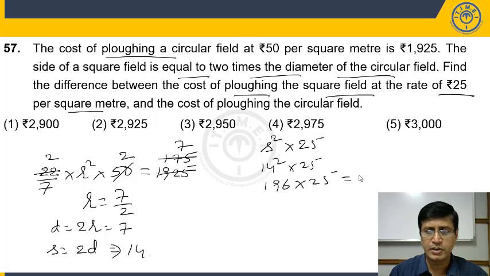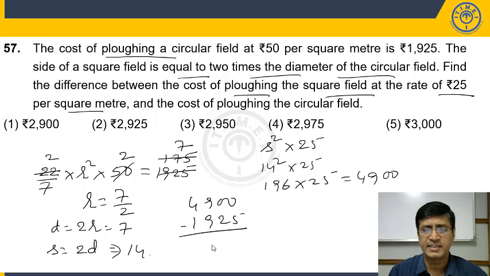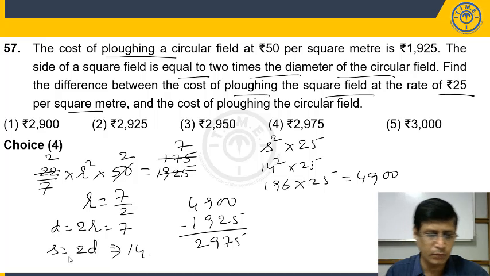The product of these two numbers is equal to 4900. So 4900 minus 1925. The difference of these two numbers is the answer. It is 2975. So right choice, option number 4. Fourth choice is the answer for this question.